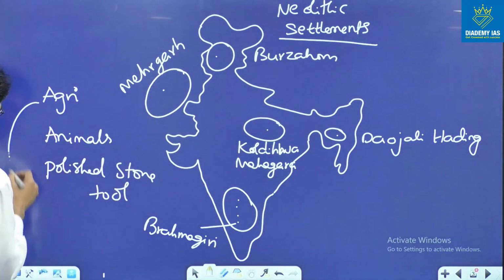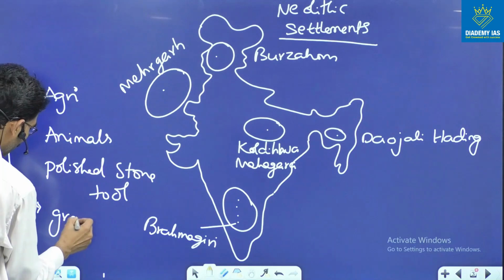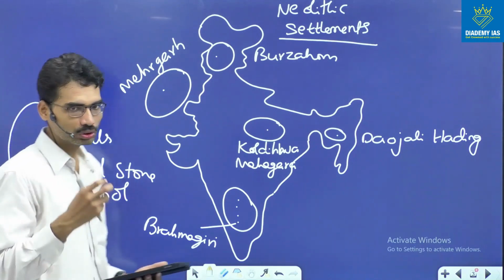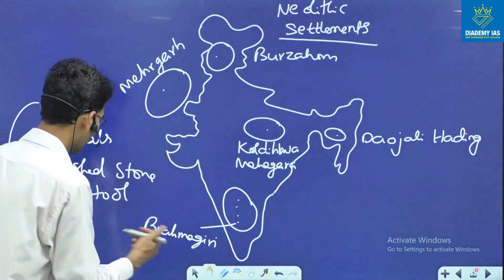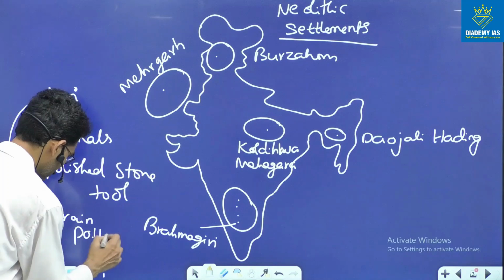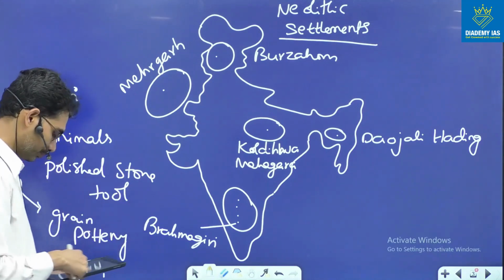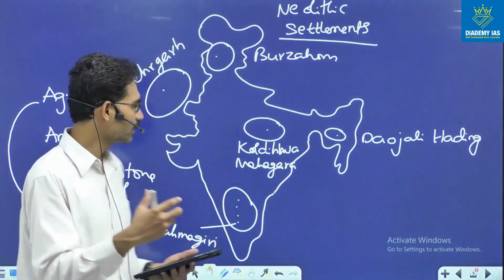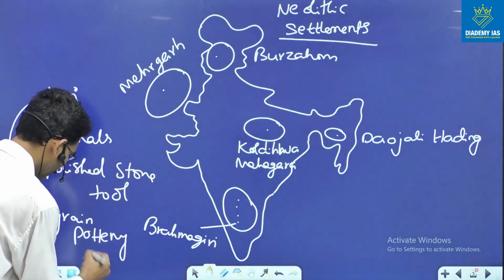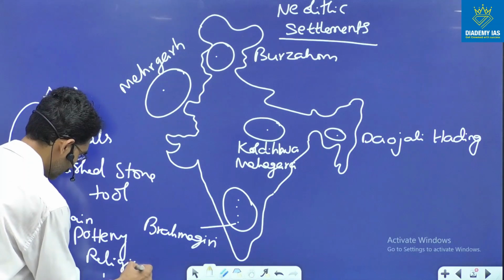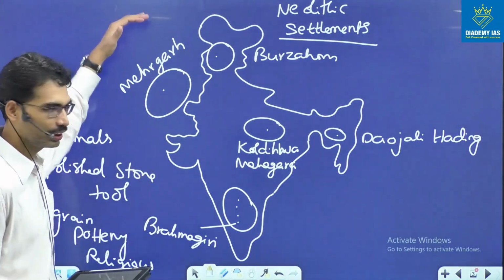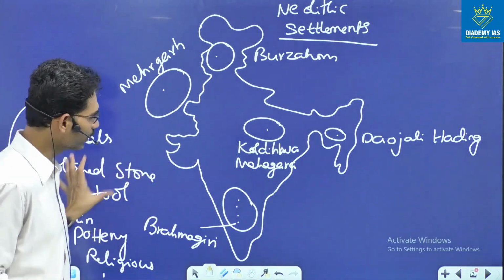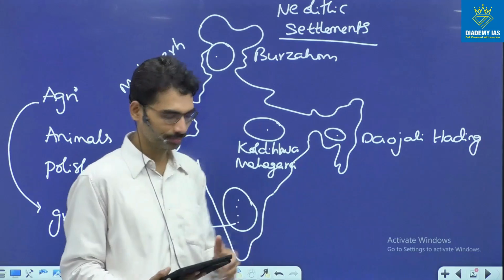Once agriculture develops, they produce grain. To store the grain, they need pottery. For cooking food also, they need pottery, and they developed pottery. Then, once settled life comes, they develop certain kinds of religious beliefs also. These are the characteristics of the Neolithic period. These things we are going to write in the form of an answer.